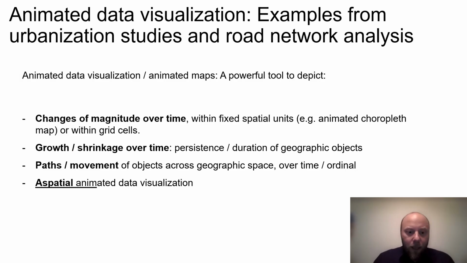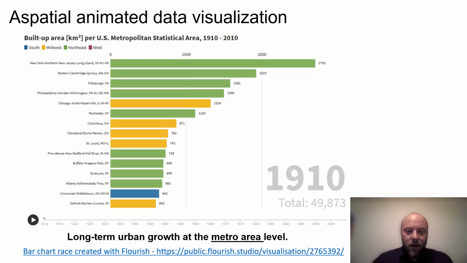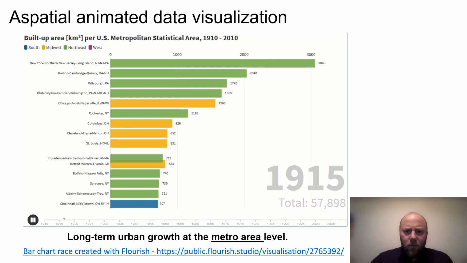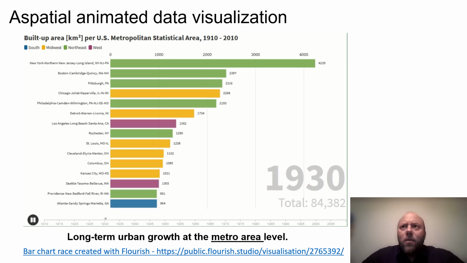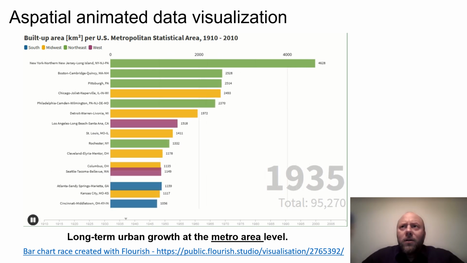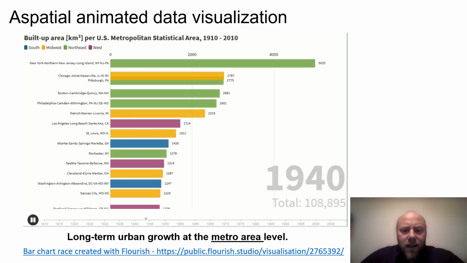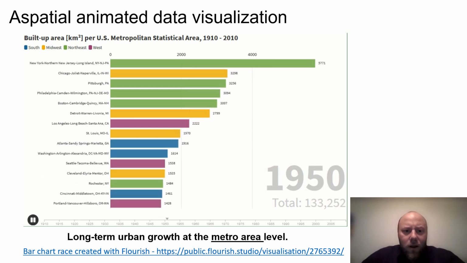Okay, and then lastly, aspatial animated data visualization. What do I mean by that? For example, this so-called bar chart race, and you've probably seen that. They were all over social media, on Twitter and Facebook a while ago.